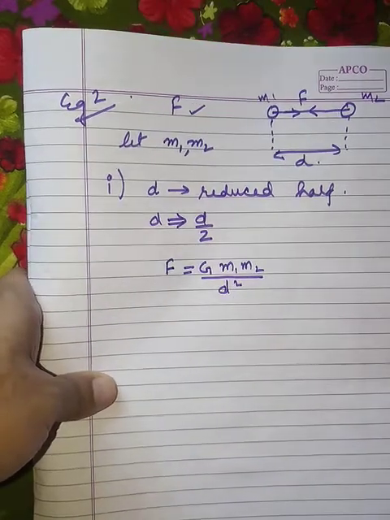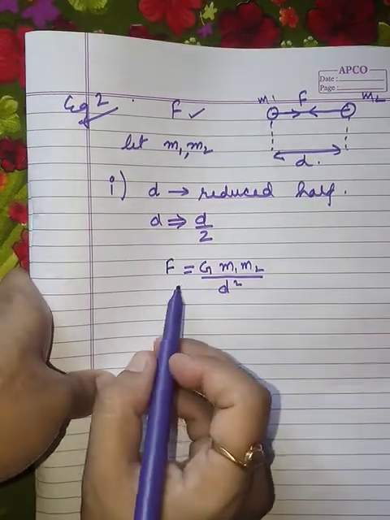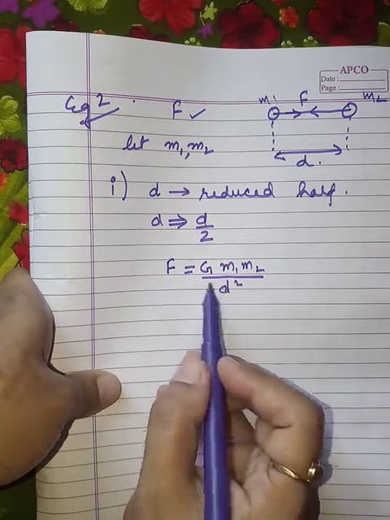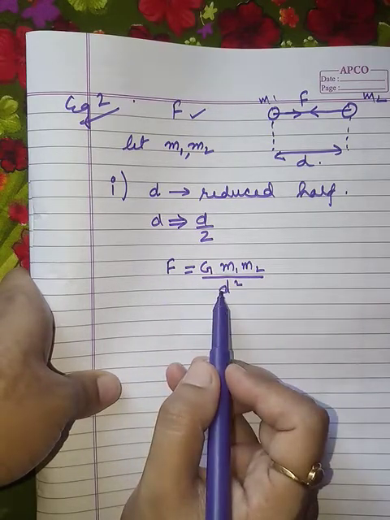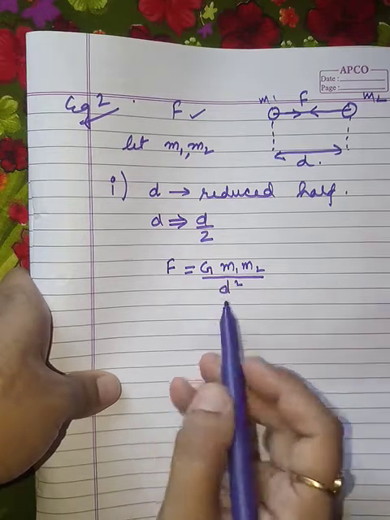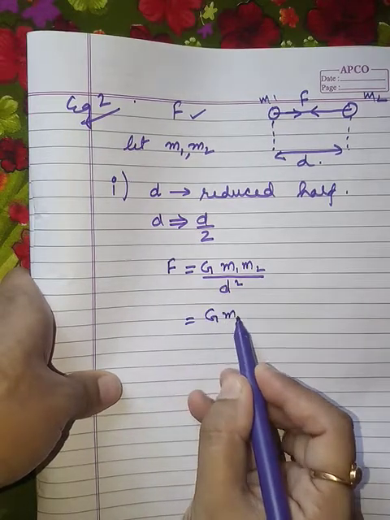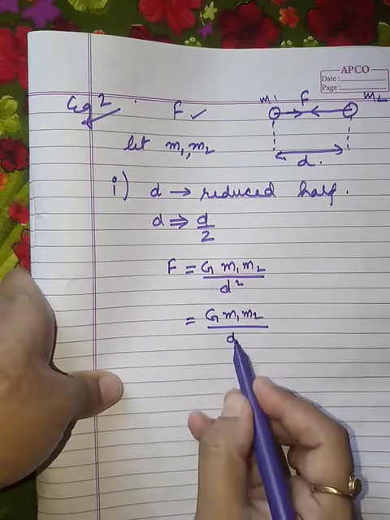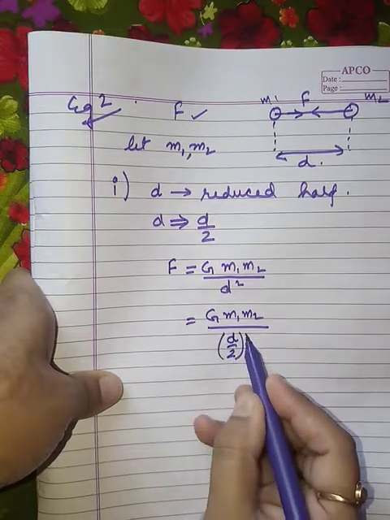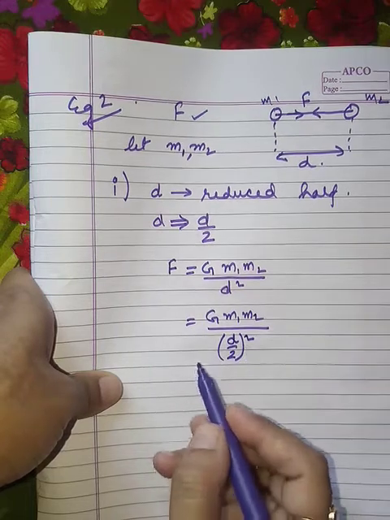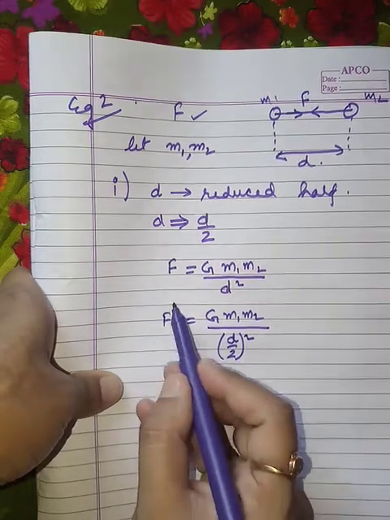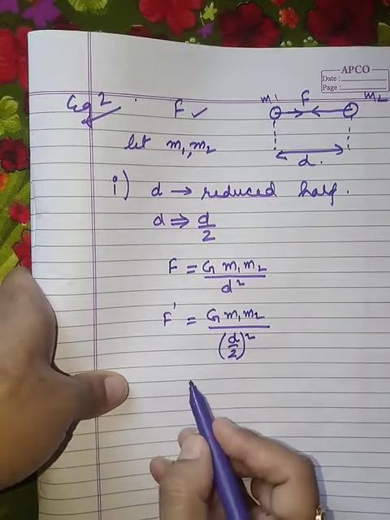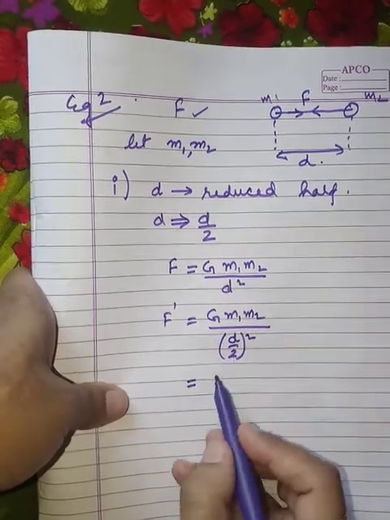According to this formula, d is inversely proportional to the gravitational force. So if d becomes d upon 2, with other things remaining as they are, it is d upon 2 whole square. So what happens to the new F, that is F dash? Let us see.